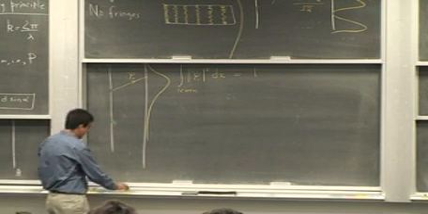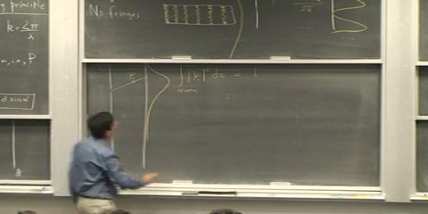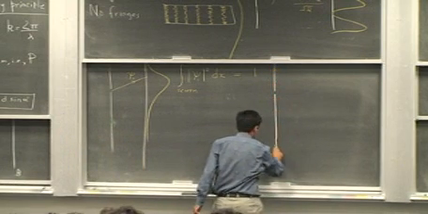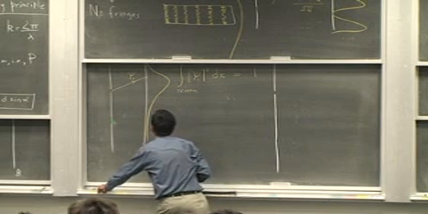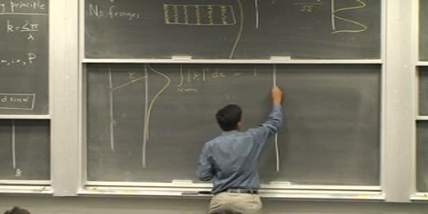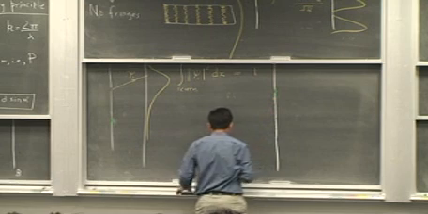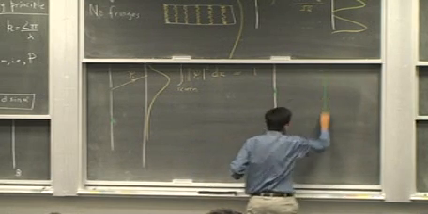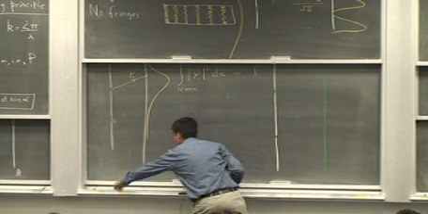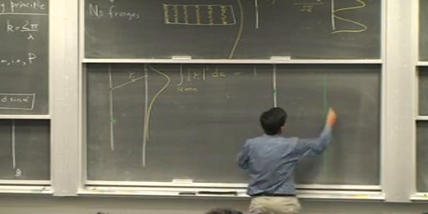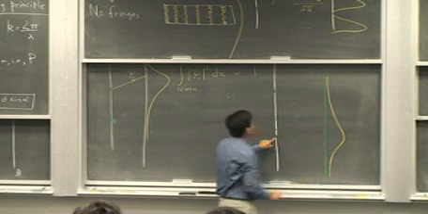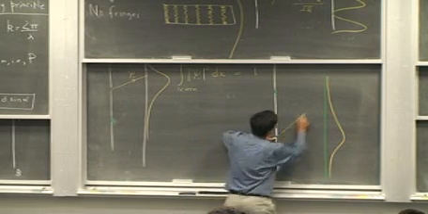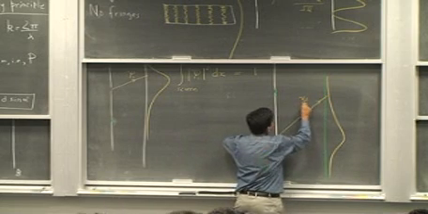Now if I perform this experiment with slit S1 closed and S2 open, what I'm going to observe is just a single slit diffraction pattern from this slit, and now the wave function is psi2.